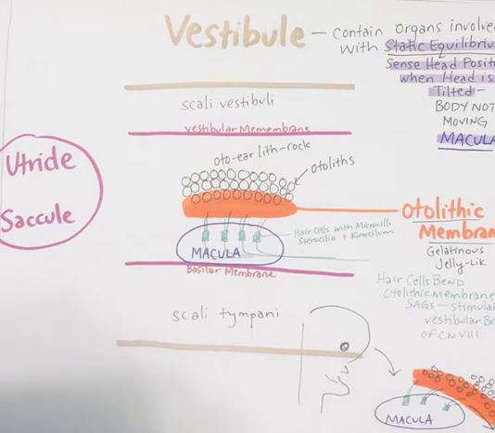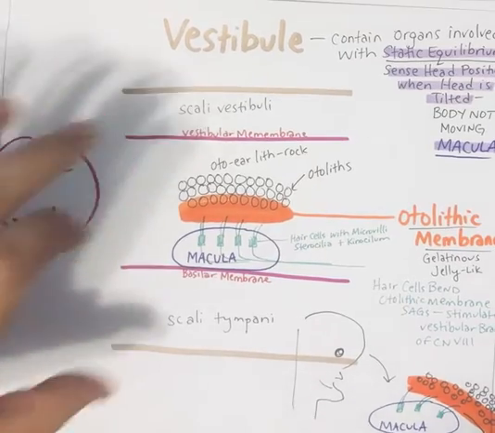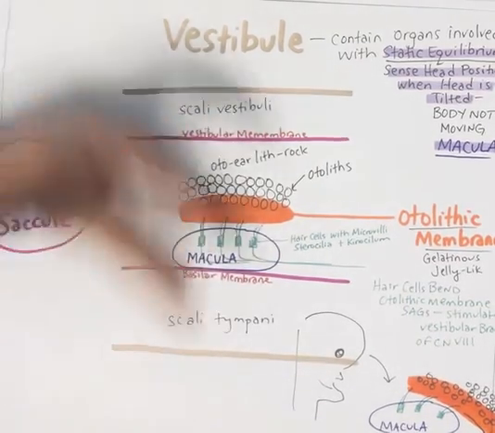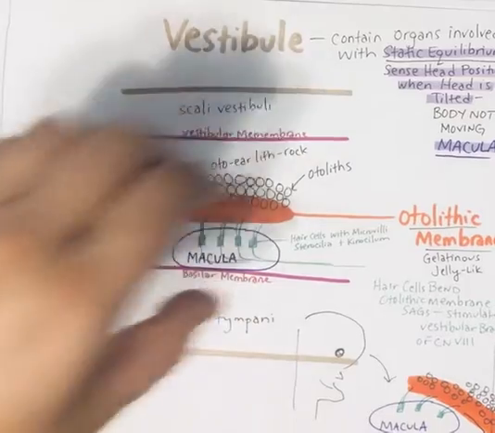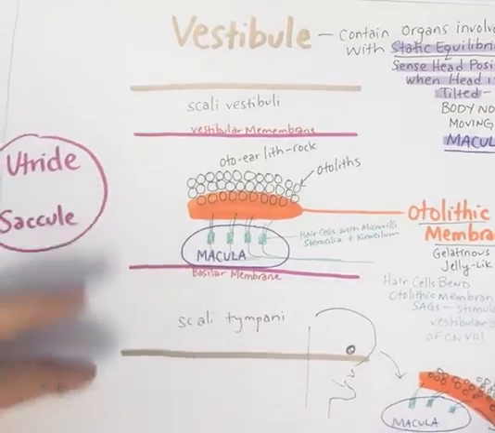So now we're on to the last one, which is in the semicircular canals. It's going to always be something like this. I just draw it like this because we focus on this inner section. All right, so we are on to the semicircular canals.